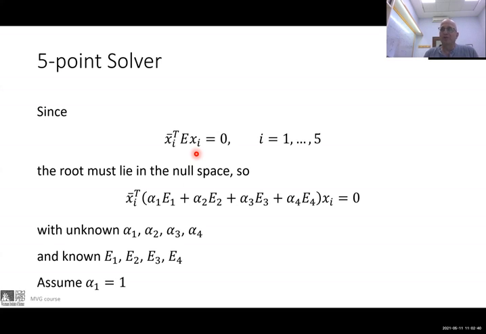I don't know the coefficients of this combination. So X plus Y plus Z equals 0 is the equation, and given X, I know that Y plus Z should be minus X.